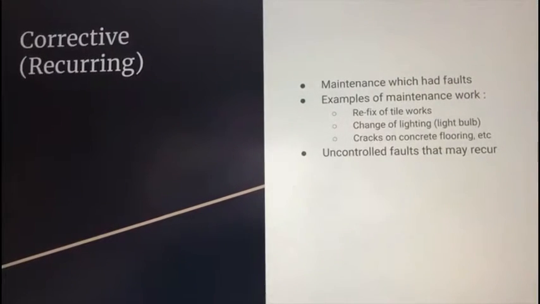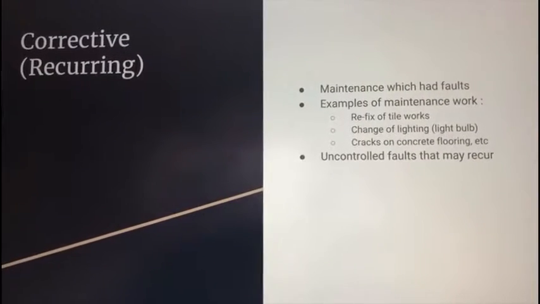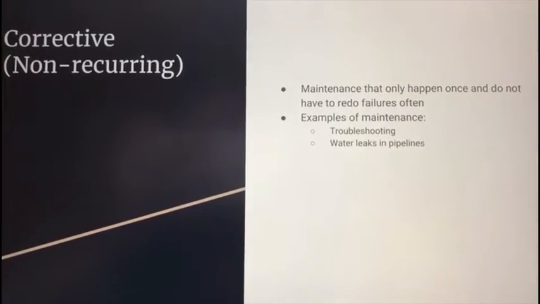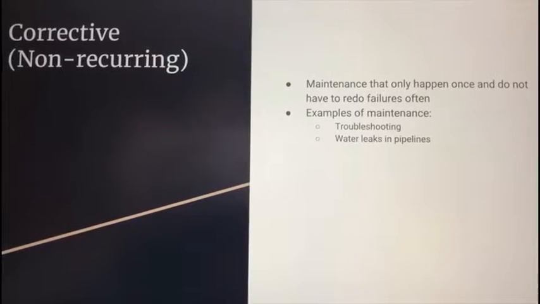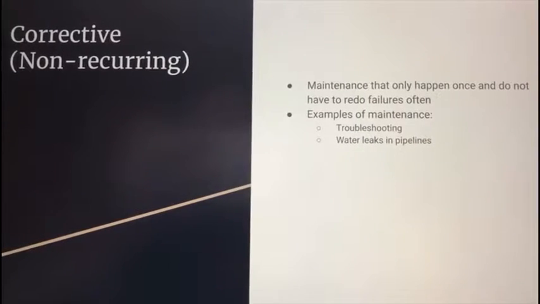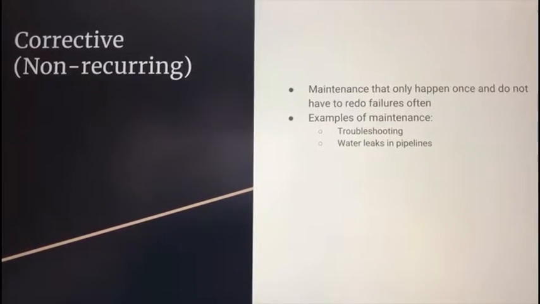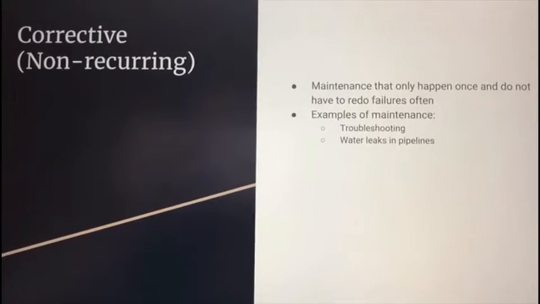Recurring maintenance also covers uncontrolled faults that may recur. Non-recurring maintenance refers to maintenance that only happens once and does not have to be redone often. Examples include troubleshooting and water leaks in pipelines.